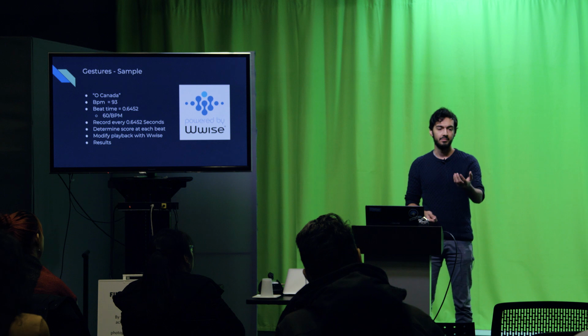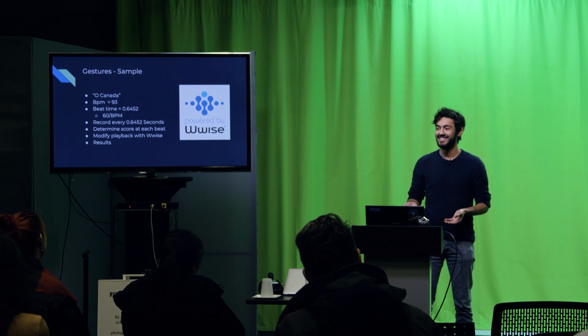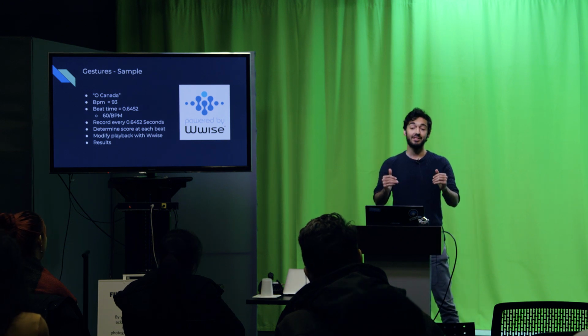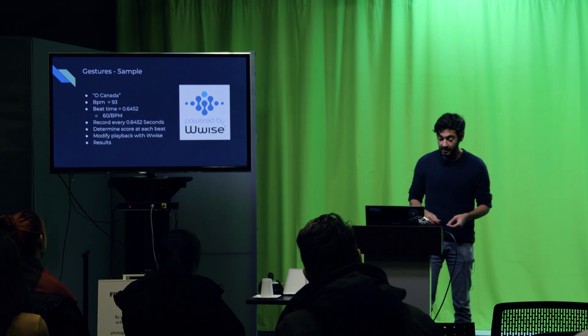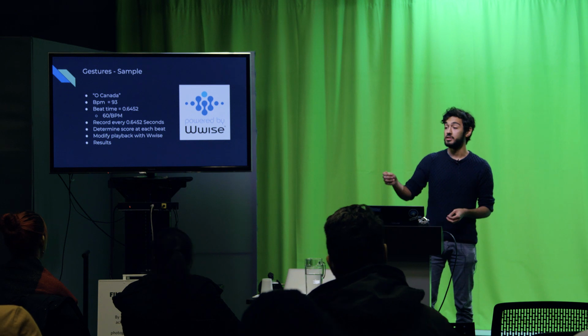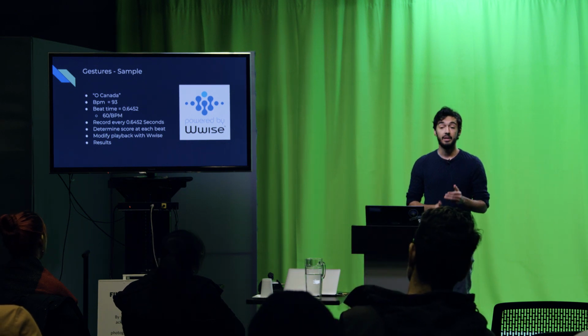If you're trying to get some actual feedback as to how fast you're conducting an orchestra, and the orchestra is going faster, all the instruments are not playing at a higher pitch, as that kind of ruins the music. So Wise is able to slow down and speed up tracks without affecting the pitch at all. We thought that was perfect for this project, and so Wise was implemented. According to the score of the gesture that I just showed you, we are able to modify the playback speed of the song.